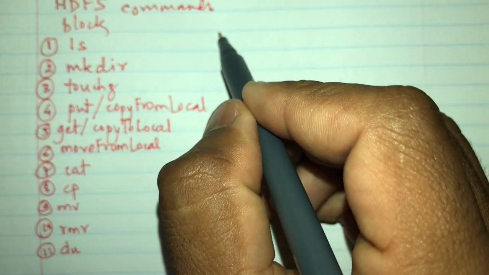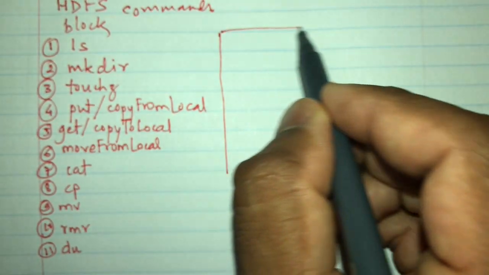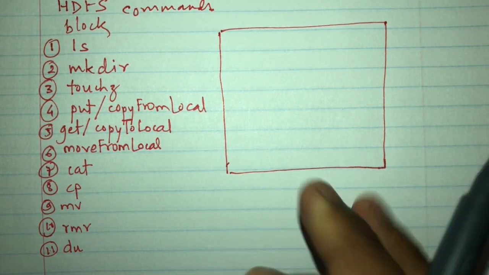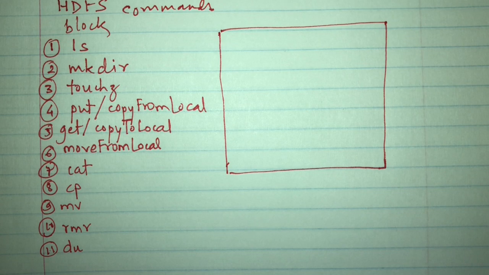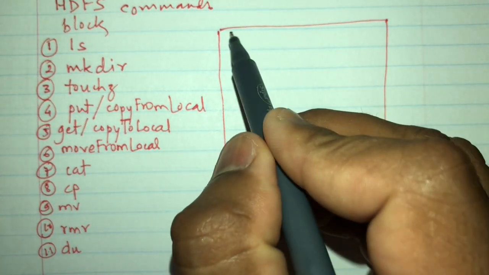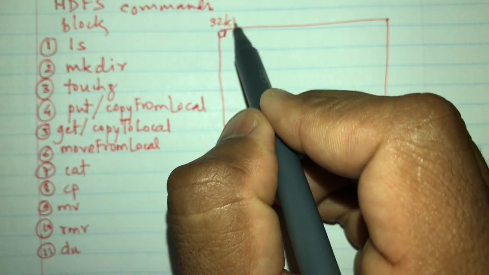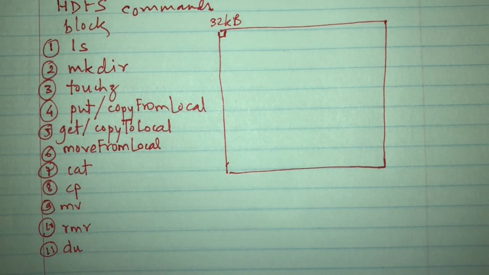So let's assume this is my computer's hard disk, and it has its own architecture and everything. I won't dive into it right now. This hard disk has a memory block of 32 kilobytes, because if you have a 32-bit operating system, that's the size of the block for your hard disk, which is the logical partition of the hard disk.